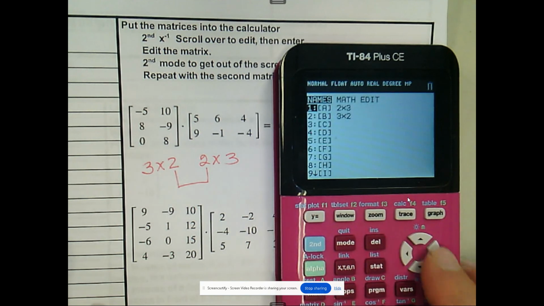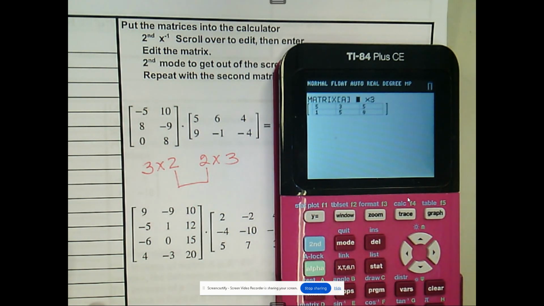Second matrix, go over to edit. I'm just going to change mine. This is a 3 by 2, and it's -5, 10, 8, -9, 0, 8.